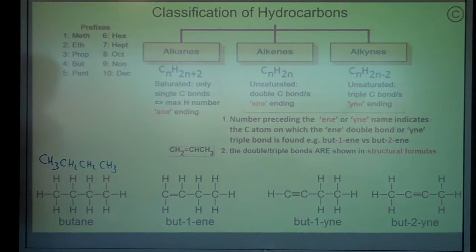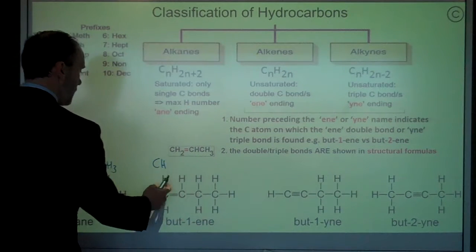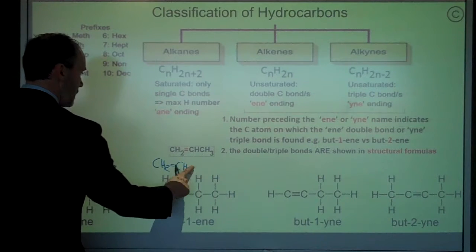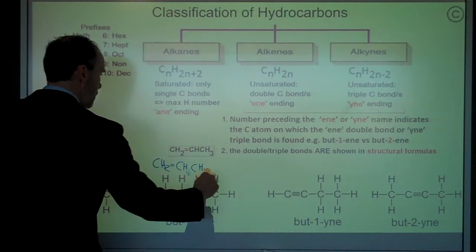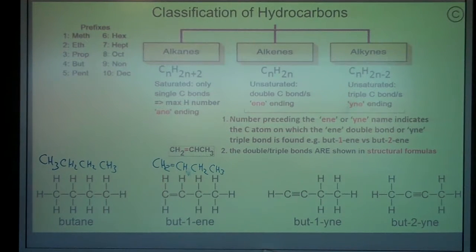That's why I put it there, so you know to look there. You'd go CH, how many H's? CH2, CH, CH2, CH3. There is my structural formula for butene.